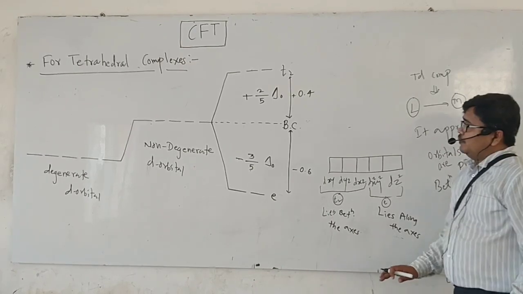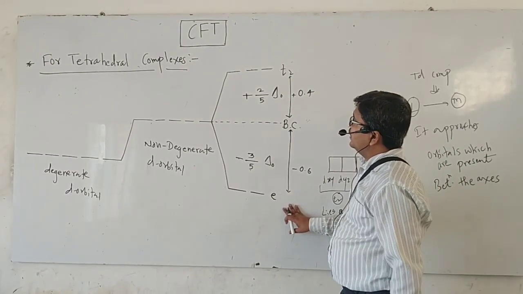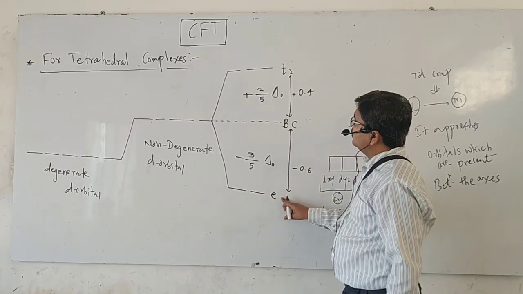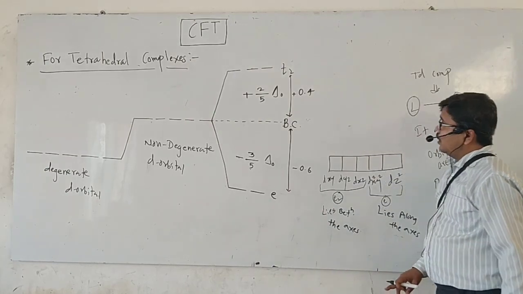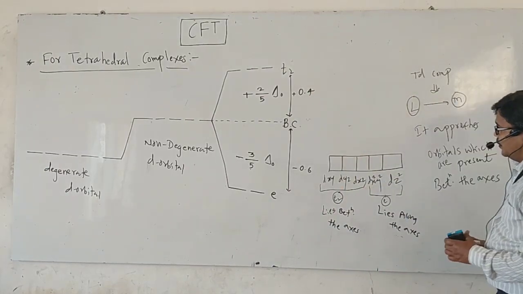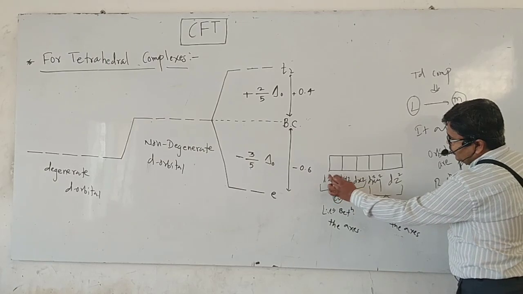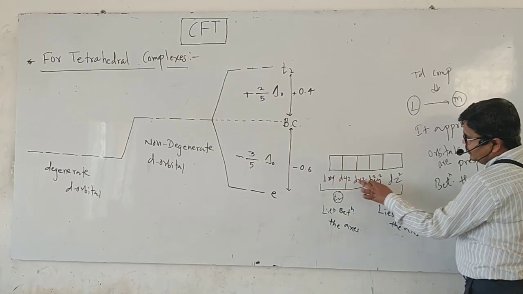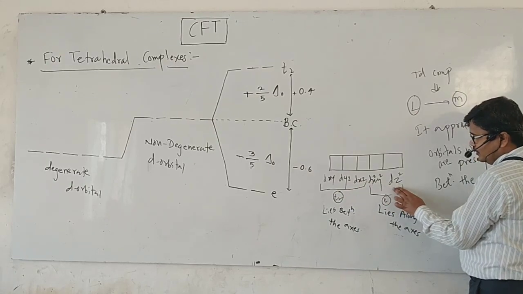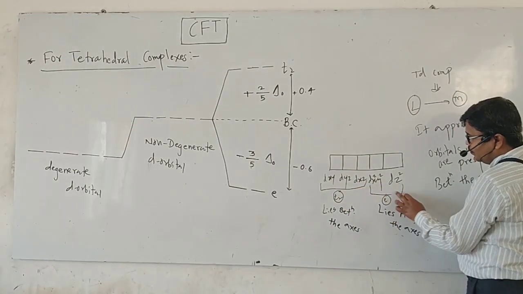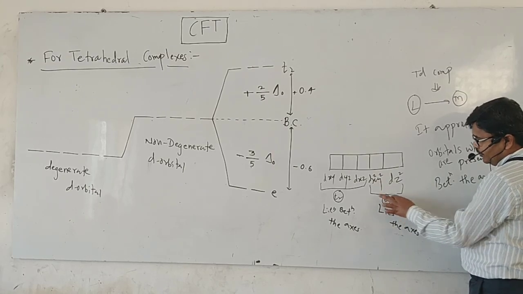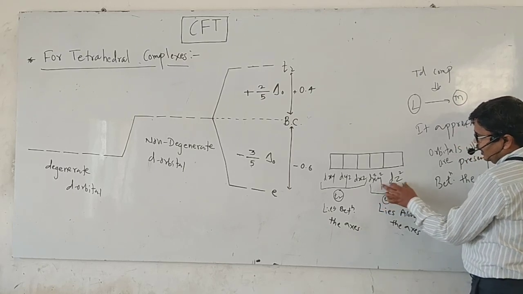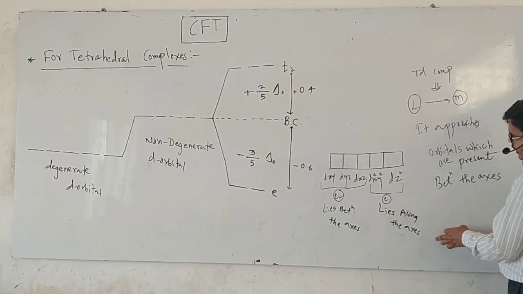Now, if you see the CFT diagram for a tetrahedral complex, T2 is in the upper level, E is at the lower level. Now why is T2 at the upper level? Again I will explain. These are the 5 suborbitals of d: dxy, dyz, dxz, dx²−y² and dz². The first 3 are known as T2, the last 2 are known as E. The first 3, that is T2, lie between the axes, the last 2, that is E, lie along the axes.